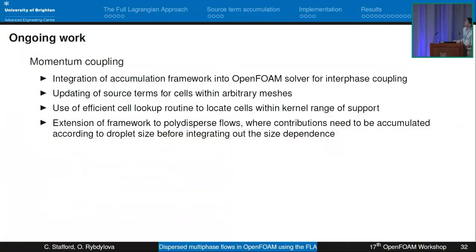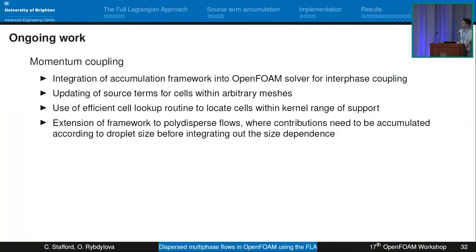So, quick conclusion then. Ongoing work: the real application of this is for momentum coupling, and that's something which is still being done. So, actually putting these number density and average size or velocity distributions you can obtain similarly into OpenFOAM in terms of interface coupling, and then updating the source terms for arbitrary meshes on the relevant cells.